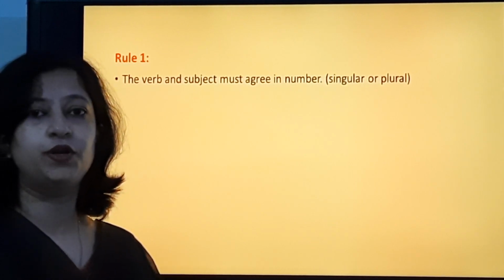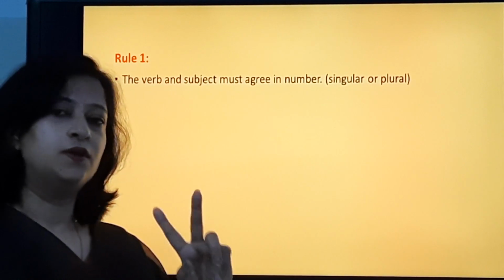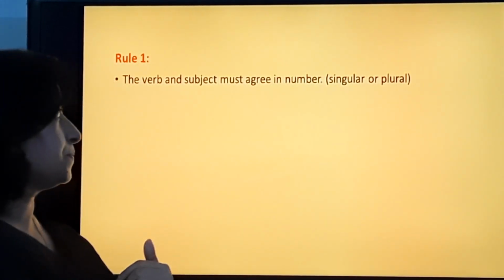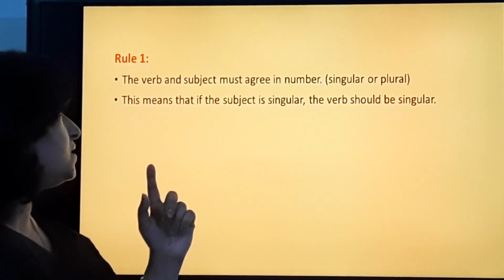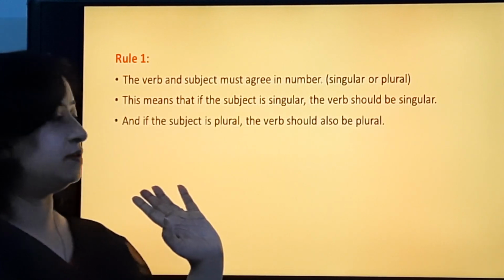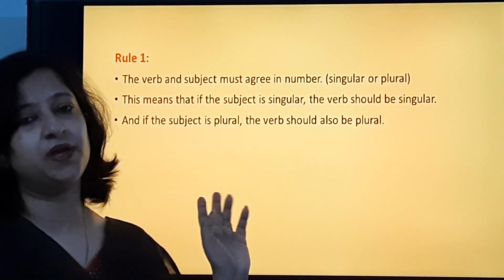As I've already told you children, this is about the match of the number of both of them, the subject and the verb. This means that if the subject is singular, the verb should be singular. And if the subject is plural, the verb should also be plural.